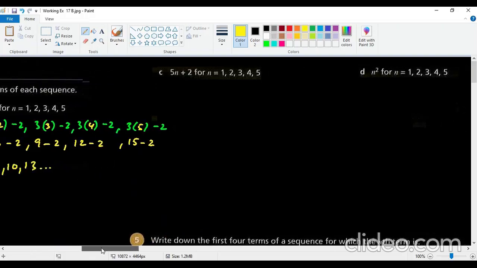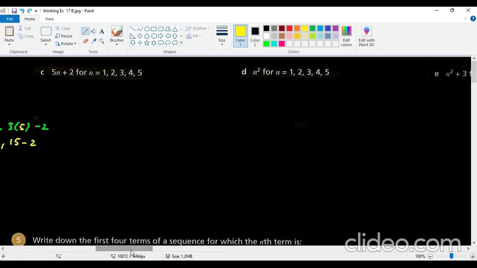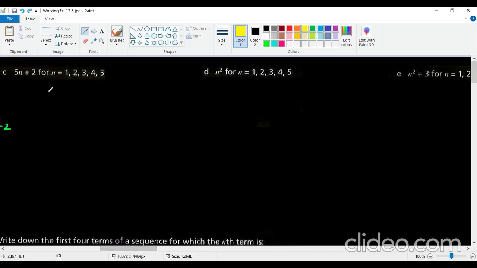Now comes question number C. Here the rule is 5n plus 2. I will write 5n plus 2 five different times, for 1, 2, 3, 4, and the fifth one.